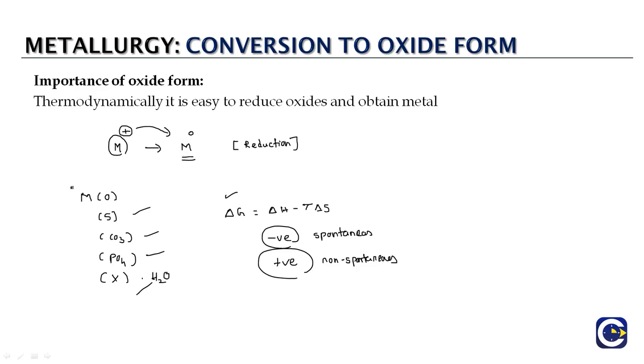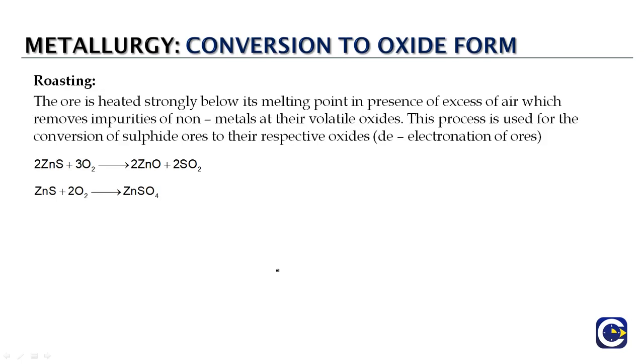Whereas in the case of the oxide form, it is thermodynamically relatively easier to perform the reduction. That is the reason we try to convert the other ore forms into oxide form before we perform the reduction. Having understood the importance of this conversion, what are the methods available?